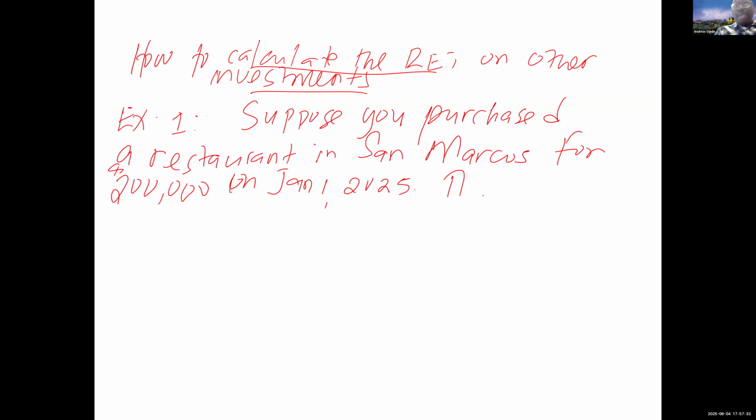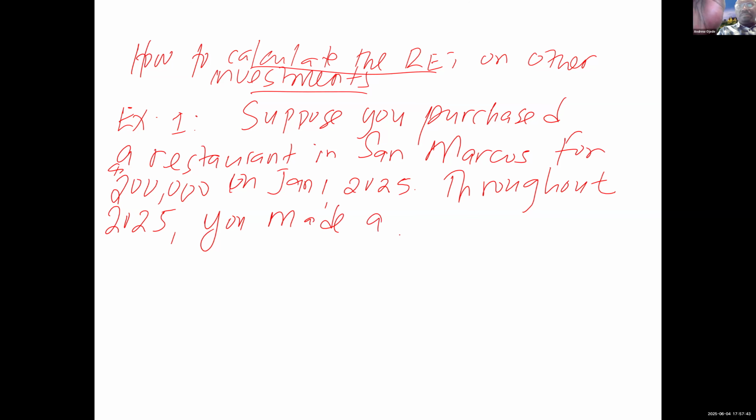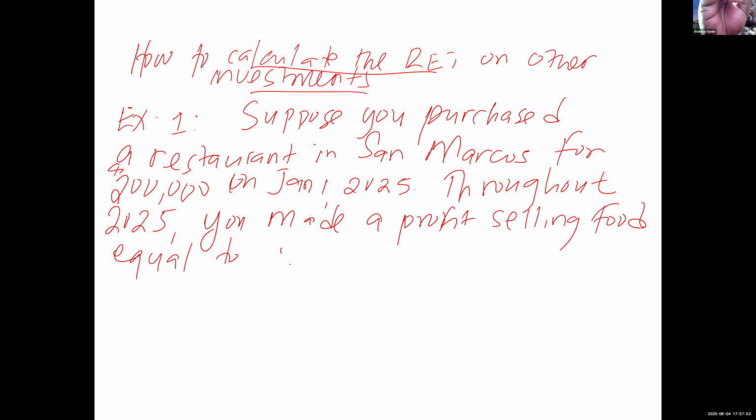So throughout 2025, you made a profit selling food in that restaurant equal to $20,000.